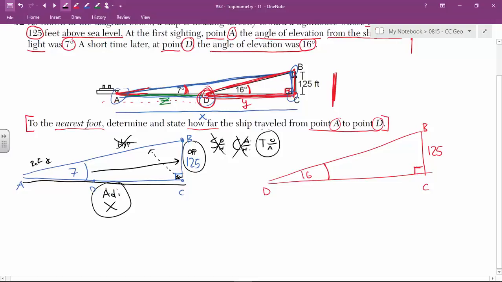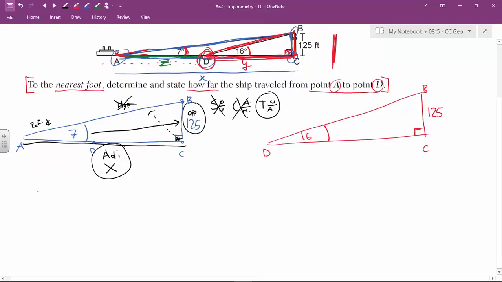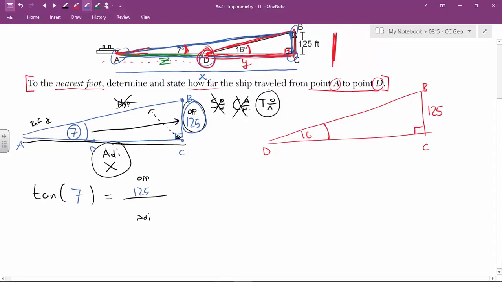So I'm going to write my function. The tangent of my angle has to equal the opposite over the adjacent. So let's substitute now. My angle is 7 degrees, so it's the tangent of 7. My opposite is 125, and my adjacent is the thing I'm looking for.